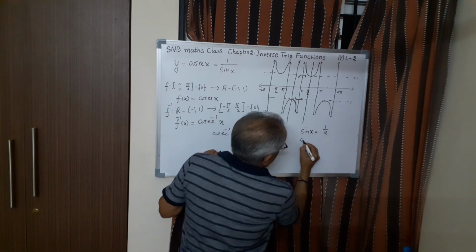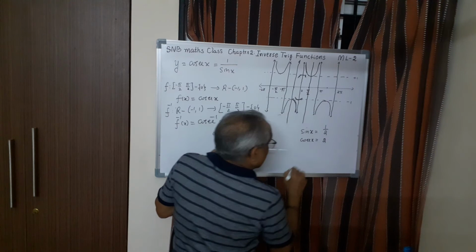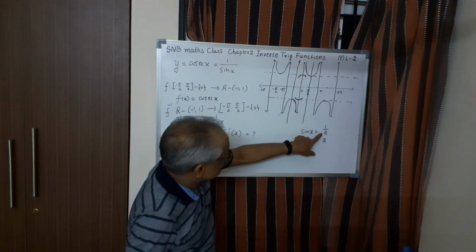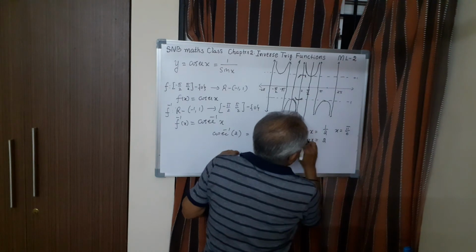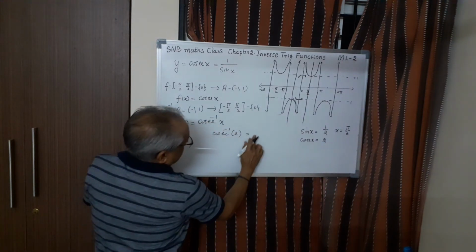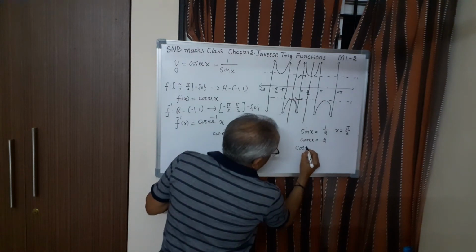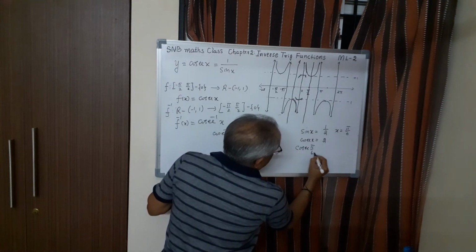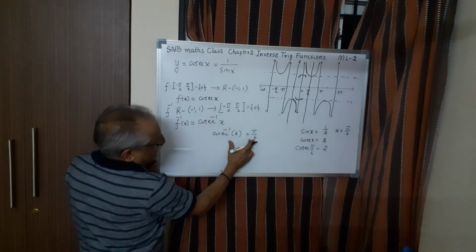This corresponds to cosecant x equal to 2. But what value of sine x is 1 by 2? x will be equal to pi by 6. Sine 30 is half. Therefore, definitely this is pi by 6, because here also cosecant pi by 6 will be equal to 2. So, cosecant inverse of 2 will be equal to pi by 6.